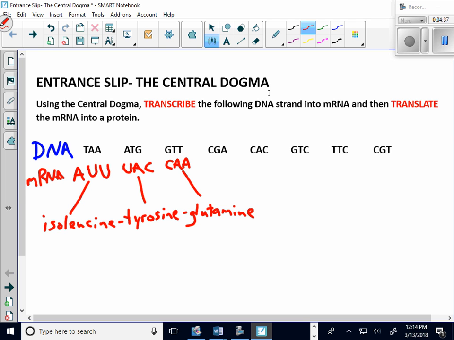Okay. My next one is going to be G, C, and U, right? Because remember, uracil replaces thymine. So I look G, C, U is alanine.